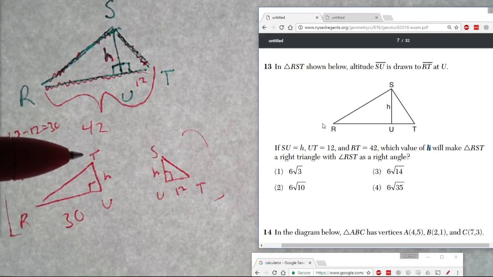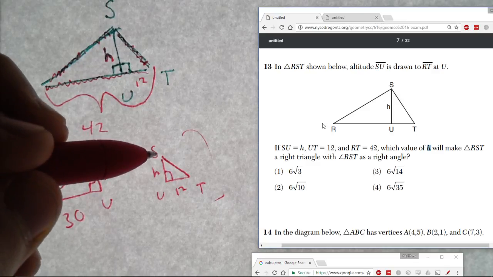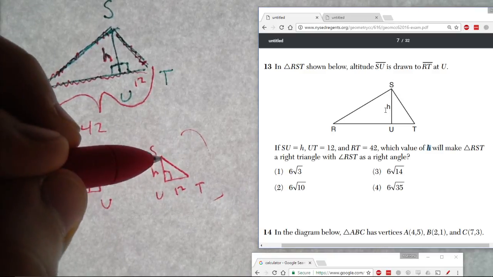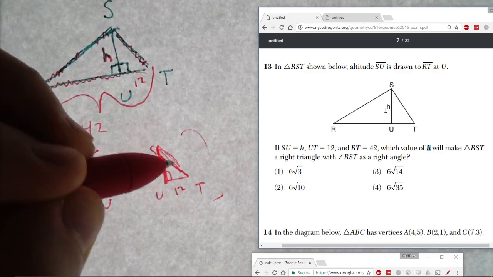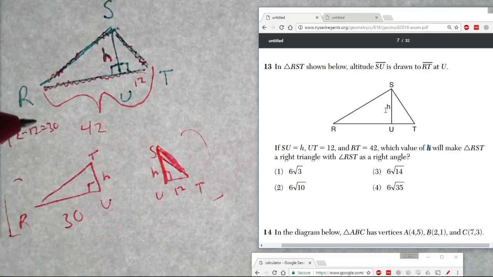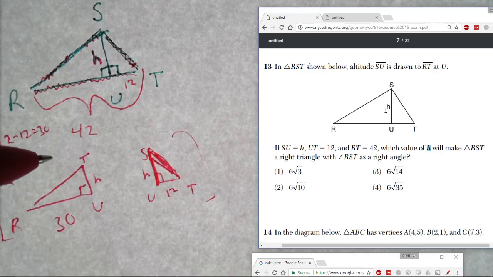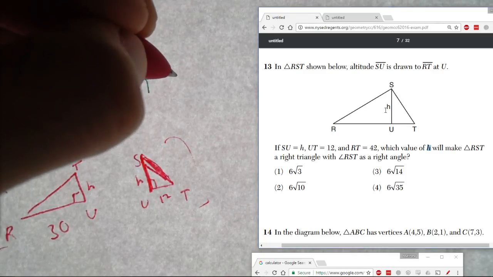Here I can find what h is going to be by using these similar triangles. You can't really see it in my picture, but if you look here, this h is my medium side, maybe I should have made this a little bit taller, and 12 is my short end. So I can set up a fraction, 12 over h.